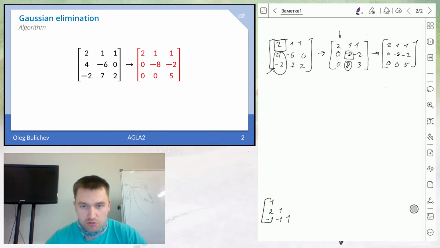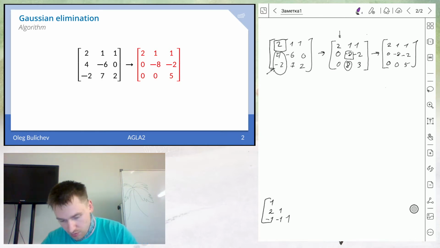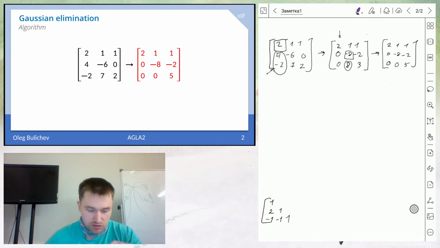Let's check with the answer. It seems I didn't make any mistake. So it's just an algorithm. I didn't think, I just asked, okay, I need to receive 0, what should I do? If you have any problems with calculation, you can use the next hint. For instance, I want to multiply by 2, so let's go to this guy.